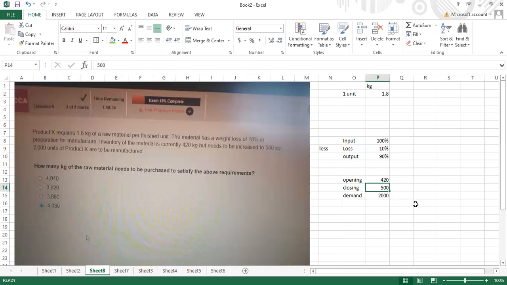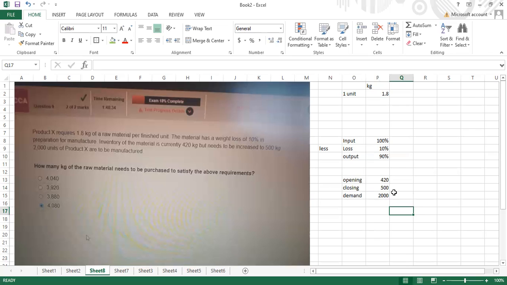And how many kgs of the raw material needs to be purchased to satisfy the above requirement? I tell you one more thing, that if it's saying the inventory of material is currently 420, it means for the previous period it was there, that is why it is your opening.